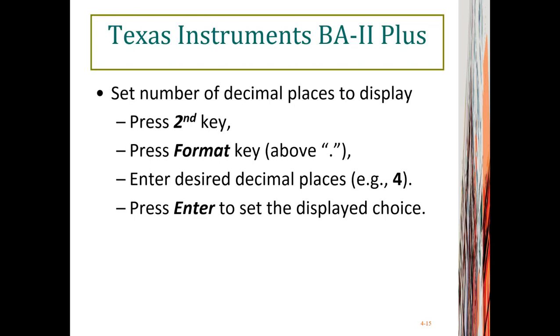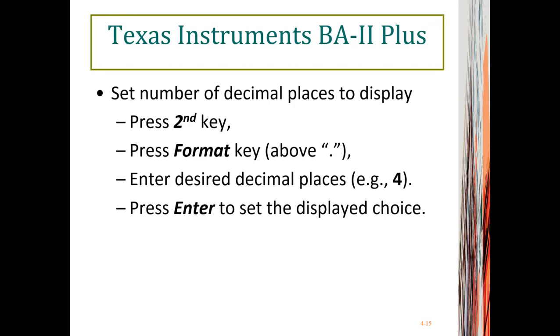To set a new decimal point, you need to press second, then point. When you do that, you're initiating the formatting function on your calculator for decimal points.